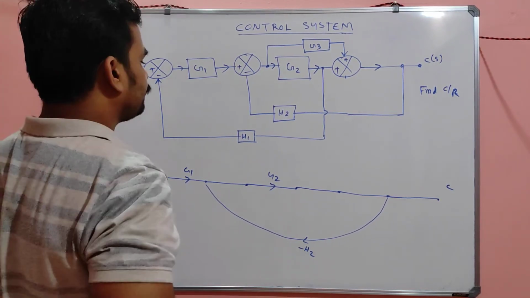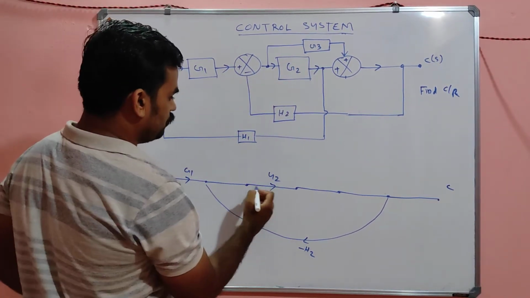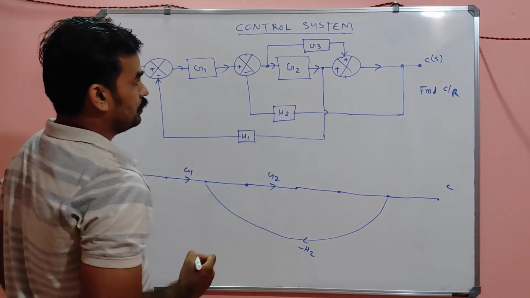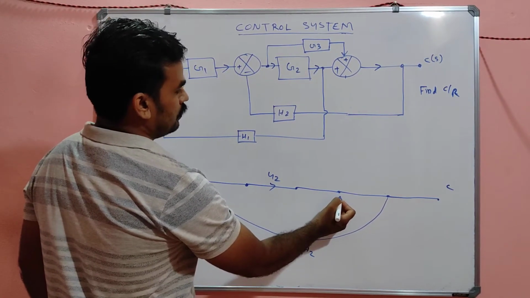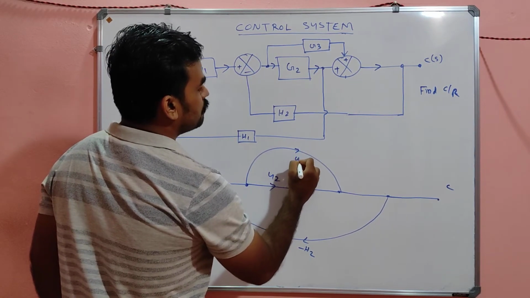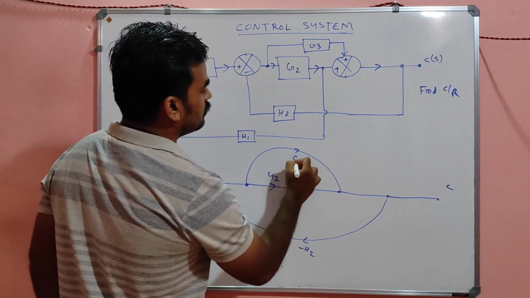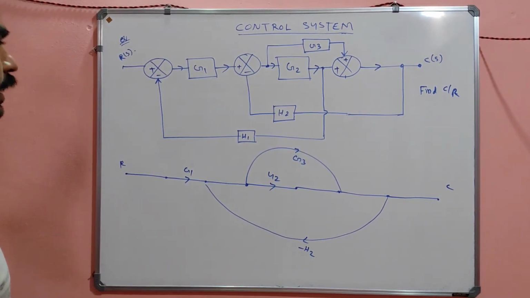From before that, G2 to summing point means this is correct. So G2 to summing point, there will be G3, so it is plus G3. Okay, fine, very good. Next.